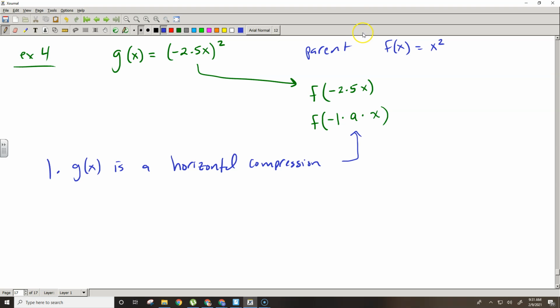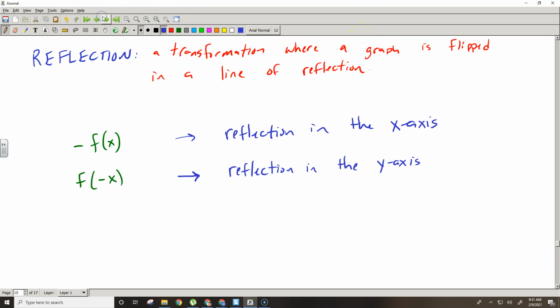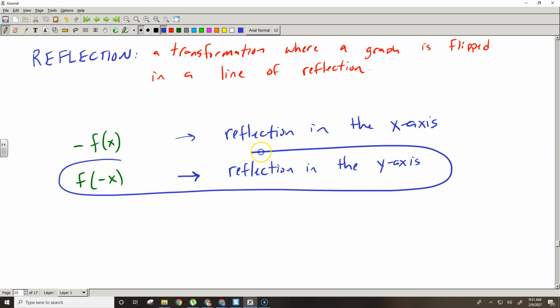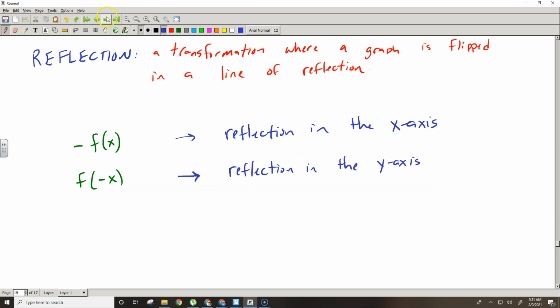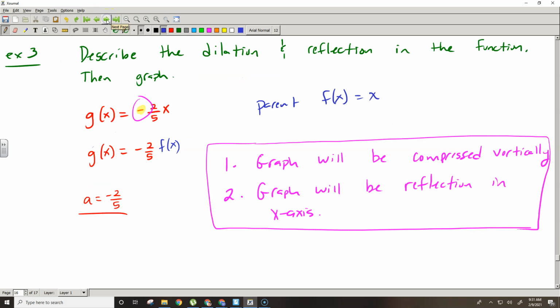So we can think of it as a horizontal compression. And then what else? If we look at our reflections, right? In this case, we can think of this one as a reflection in the y-axis because we have f of a negative x value here. Instead of negative f of x, we have f of negative x.